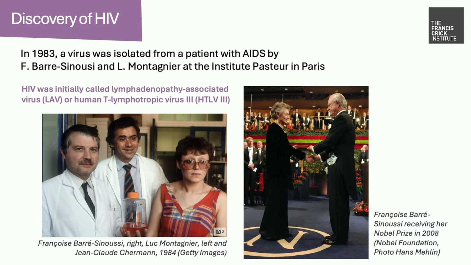A little while later, another group at the National Cancer Institute in America, led by Bob Gallo, also identified a virus, and they called this HTLV3. Some years later, these were found to be the same virus, and they were renamed HIV. Actually, Françoise Barré-Sinoussi and Luc Montagnier here received the Nobel Prize for this discovery 25 years later.